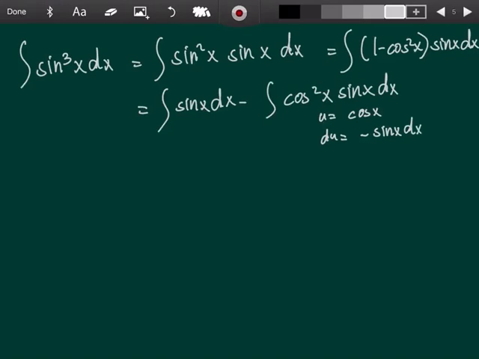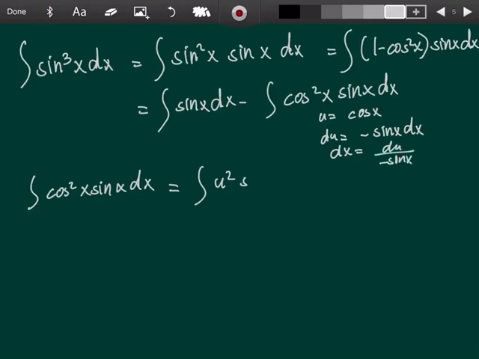Okay, so the integral of cosine squared x sine x dx: u is squared, and dx is du over negative sine x.